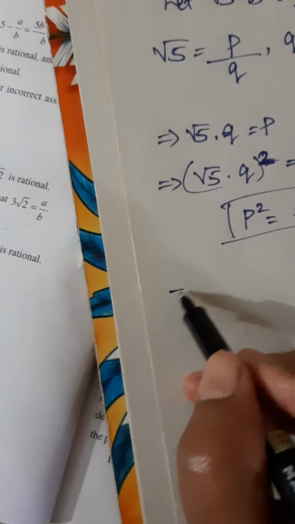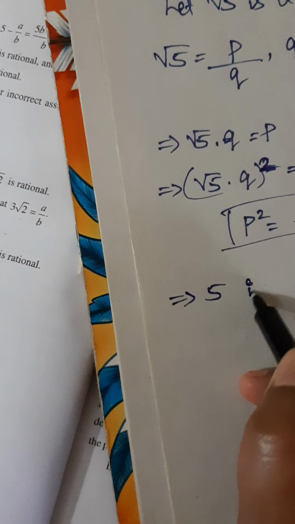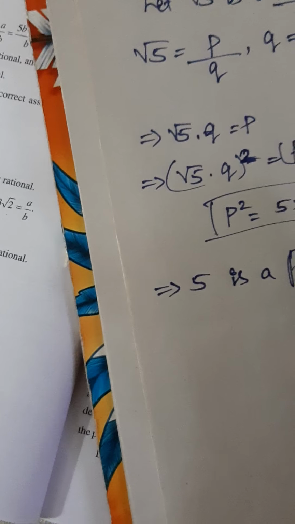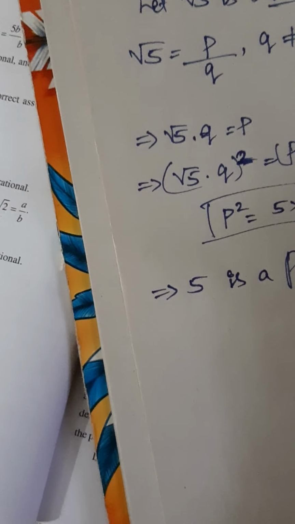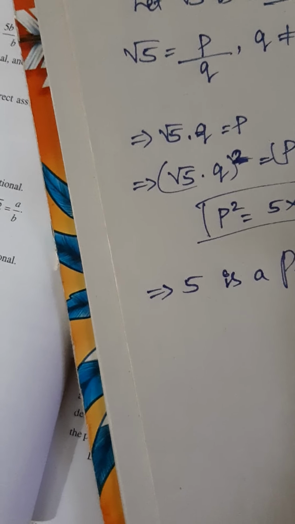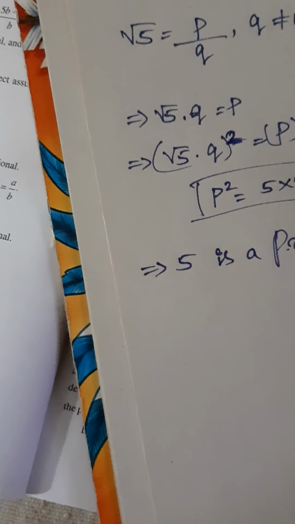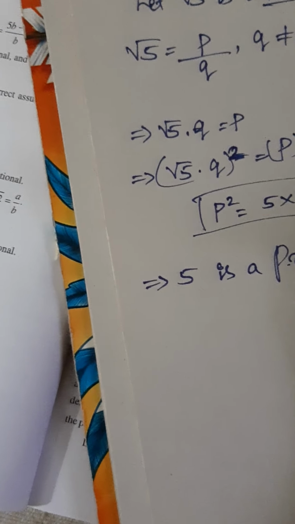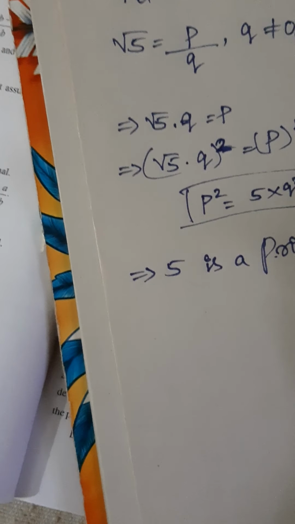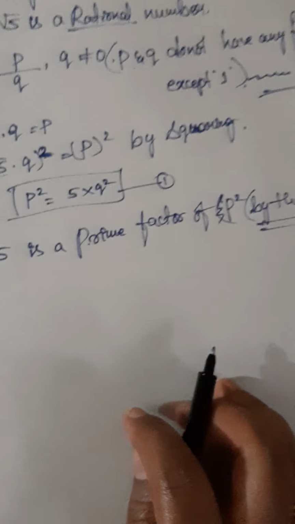Now next, therefore 5 is a prime factor of p square by theorem 1.3, where p is a prime number, p divides a square and p divides a also.